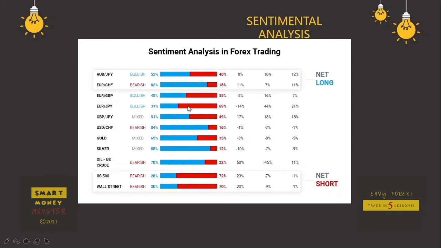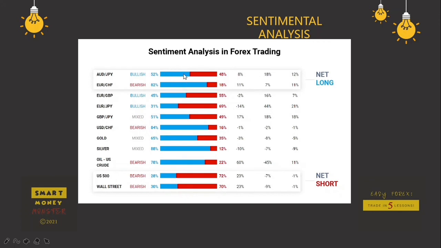So this is just showing what sentimental analysis basically looks like. You see a bar that is divided into blue and red here. Looking at the Aussie yen pair, you see 52 blue and 48 red. 52 is the percentage of traders that are going long.